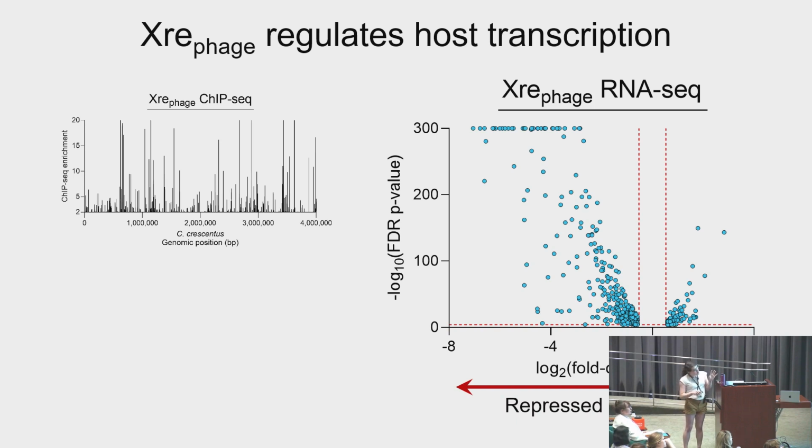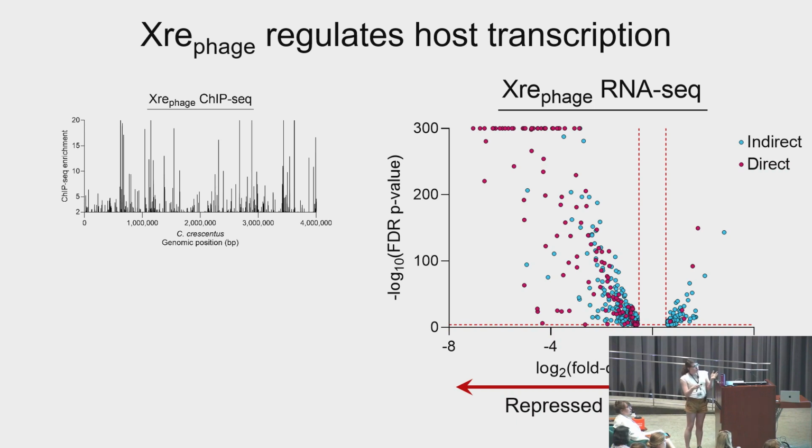You can see that most of them are repressed. We were then able to combine this RNA-seq data with the ChIP-seq data to identify which of these were likely direct, by looking for one of these ChIP-seq peaks within the promoter of those regulated genes. It turns out that 130 of those 440 genes had direct binding sites for this phage XRE within their promoter regions.